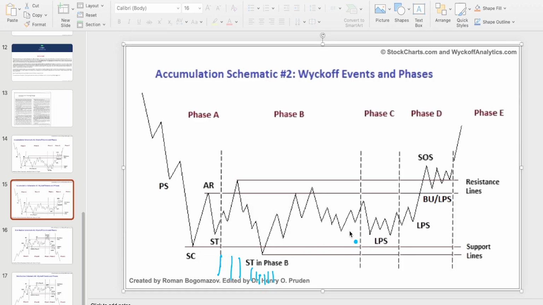So there was no reason for price to come to that level to test the supply. And then we have last point of supply, accumulate more position, backup in action, and then up we go from there, markup.